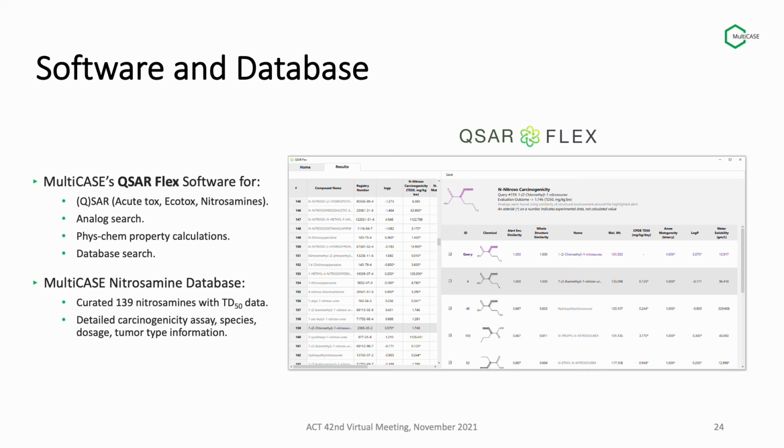In addition to the TD50 values, we also have detailed information for every data point, and that includes the details of the carcinogenicity assay, what kind of species was used, dose information, what type of tumors were formed, and so on. So this combination of QSAR Flex as software and the nitrosamine database was used to perform the tasks that I'm discussing here in this presentation.